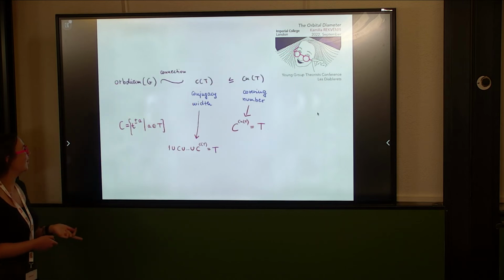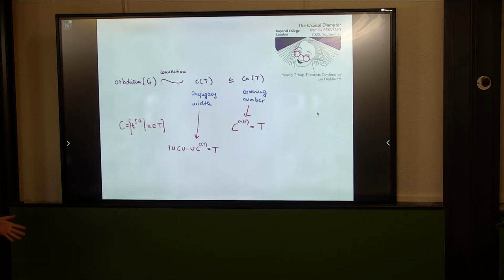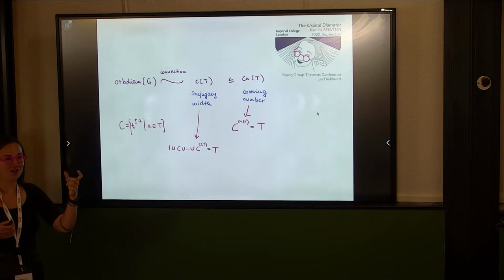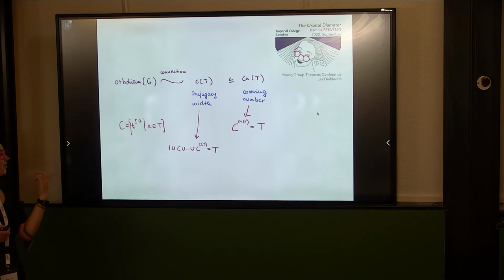Okay, so it turns out that between the orbital diameter of groups of diagonal type, there is a connection to the conjugacy width of the simple group that we started with, which is a lower bound of the covering number of the symmetric group.